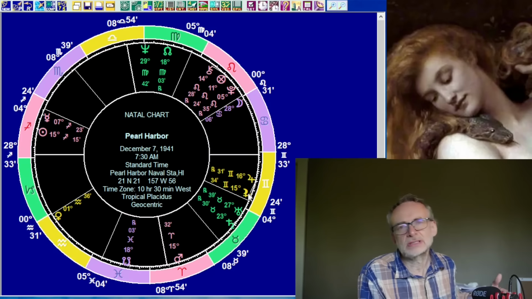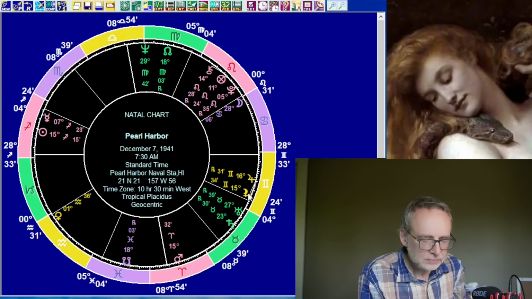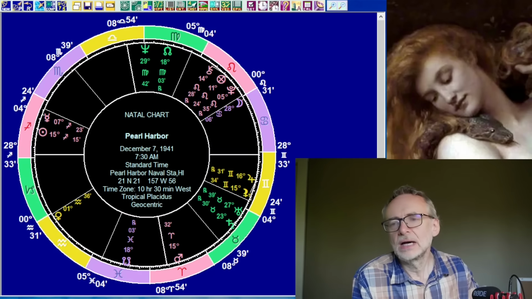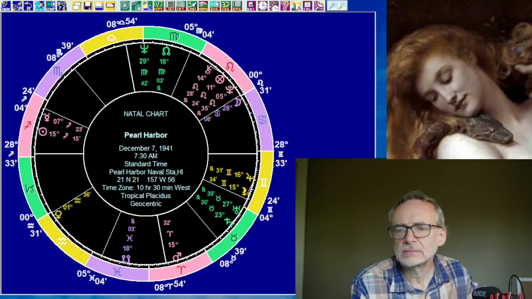I suppose the most famous child being kidnapped is the Lindbergh kidnapping. And I thought I would just have a look at the chart of Charles, what's his name? Charles Lindbergh.